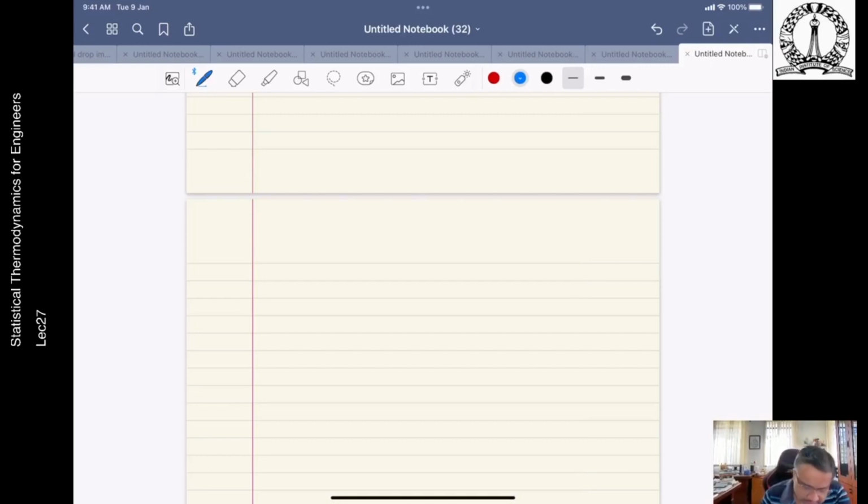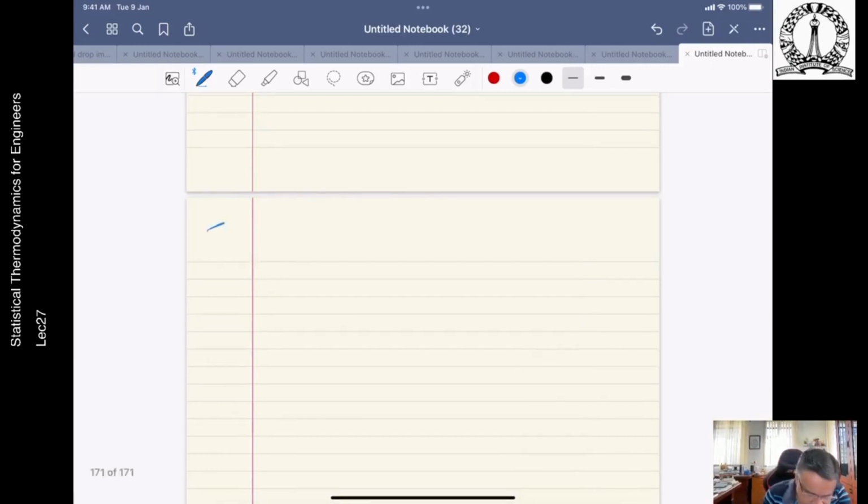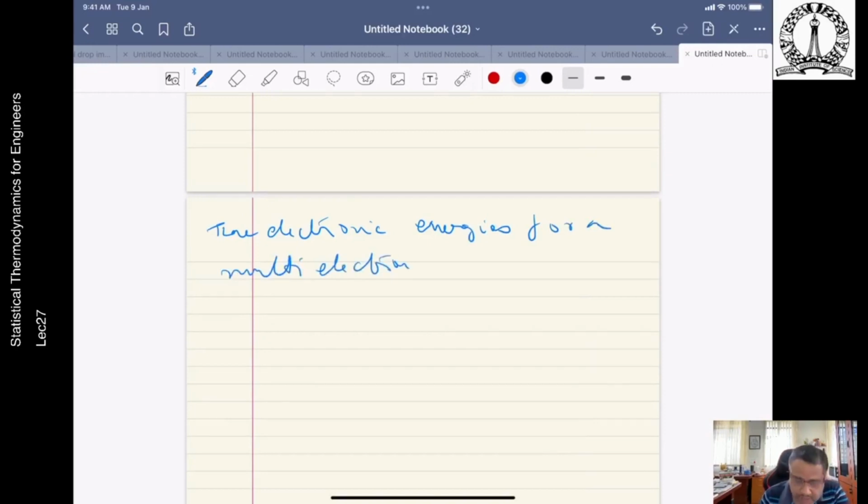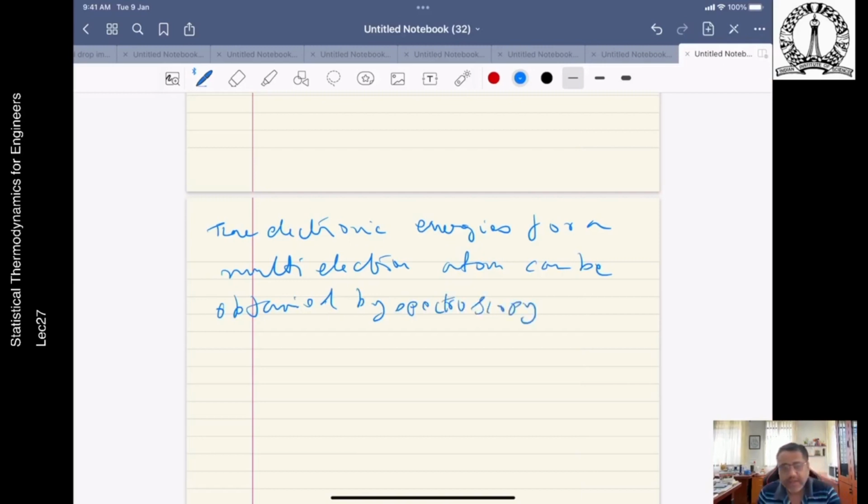Here, the electronic energies for a multi-electron atom can be obtained by spectroscopic methods, by spectroscopy. We already told earlier that it is developed from spectroscopy.